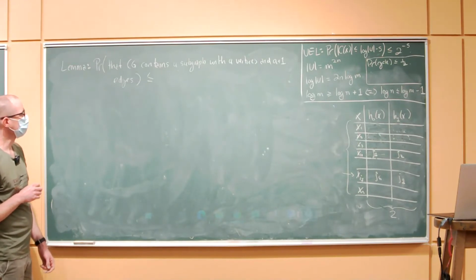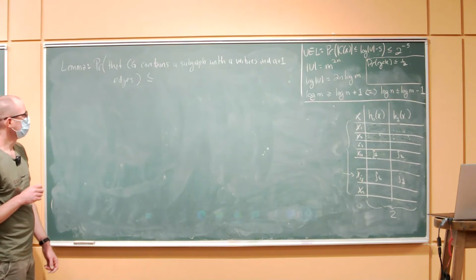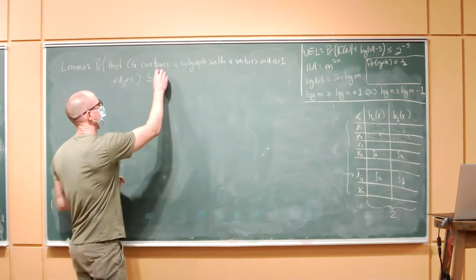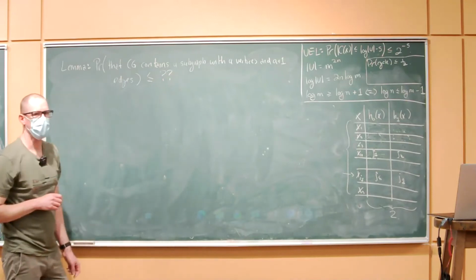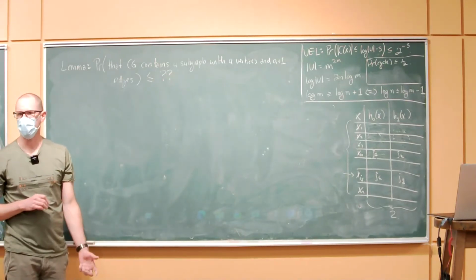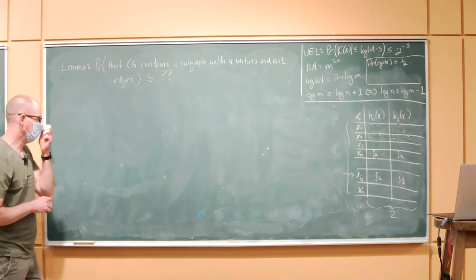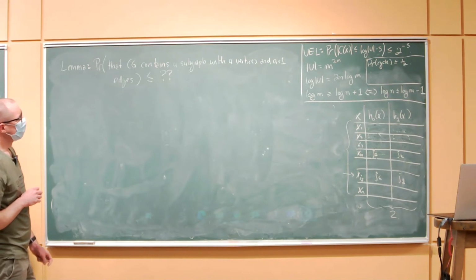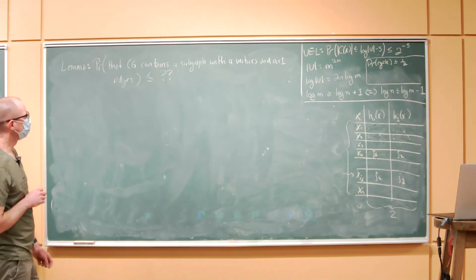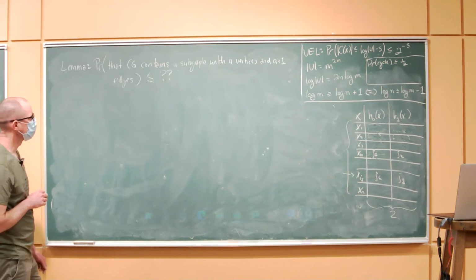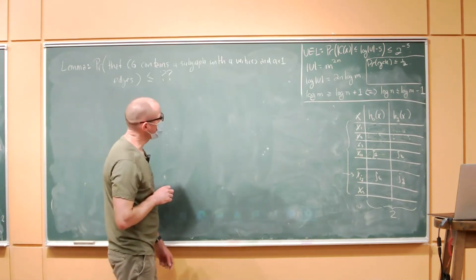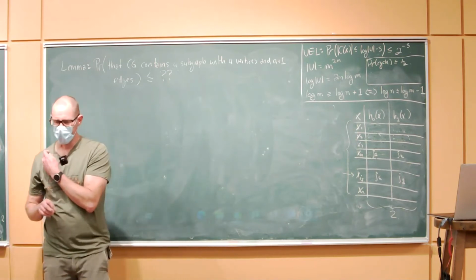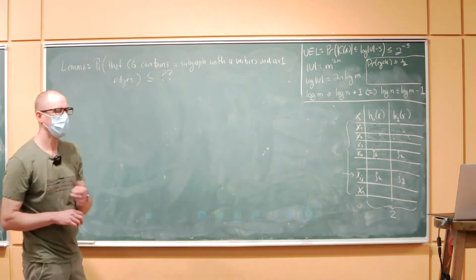Okay, so we'll try and figure out what the answer is we should put here by coming up with our encoding scheme again and seeing how much we can save in this case. All right. So a subgraph with A vertices and A plus 1 edges. So if you have a subgraph with A vertices and A edges, that's what's called a unicyclic graph.